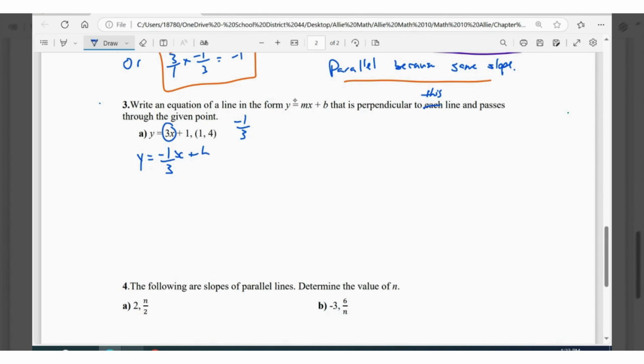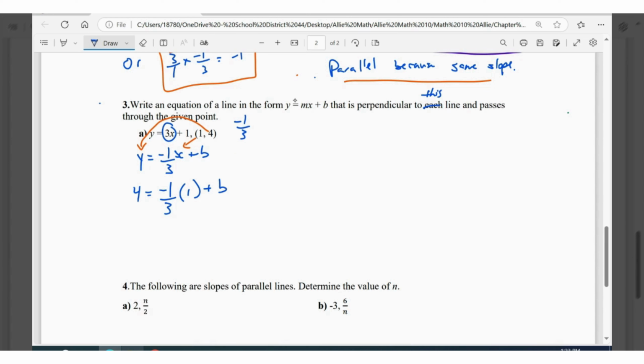And we can solve this. Now we know two of the coordinates. We can input those coordinates into our slope-intercept form. So the x goes into the x and the y goes into the y, and we can solve for b. And that's one way that we can solve this. So we can go 4 equals -1/3 times 1 plus b. We're just solving for our intercept, that's the only part of the equation we don't know.